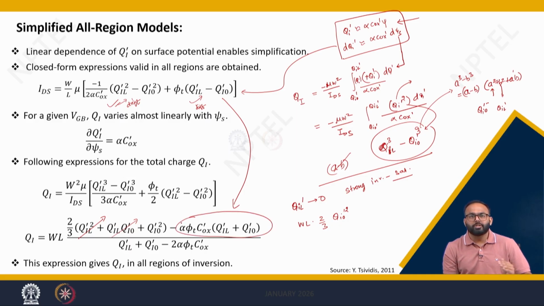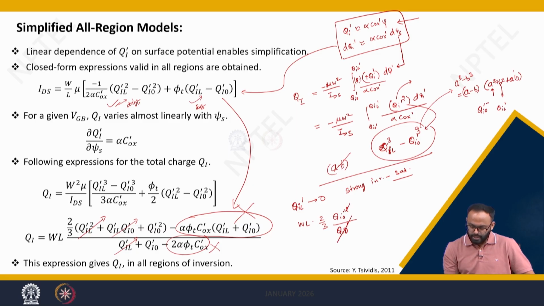So we are considering the strong inversion saturation. This will be 0. Similarly, this term is coming because of diffusion, right? So this will be ignored, and this term will go 0 because we are considering strong inversion saturation. So in the denominator you will get Qi dash 0.